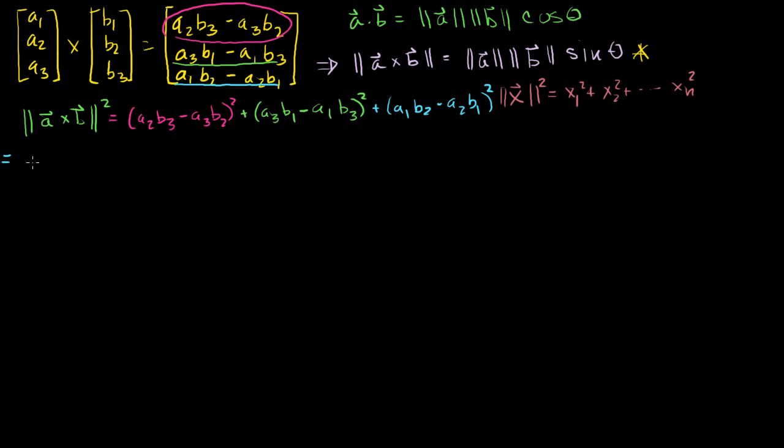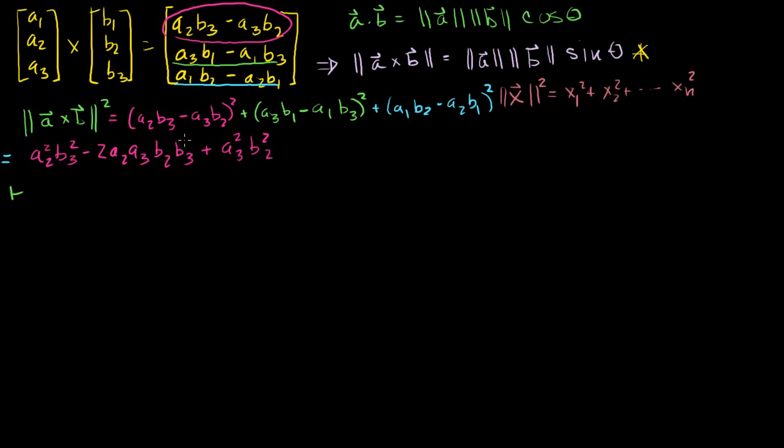So this is going to be equal to a2 squared b3 squared. And then we're going to have these two multiplied by each other twice. So minus 2 times a2 a3 b2 b3. I'm just rearranging them to get the order right. Plus a3 squared b2 squared, that term squared. And then I have to add this term.